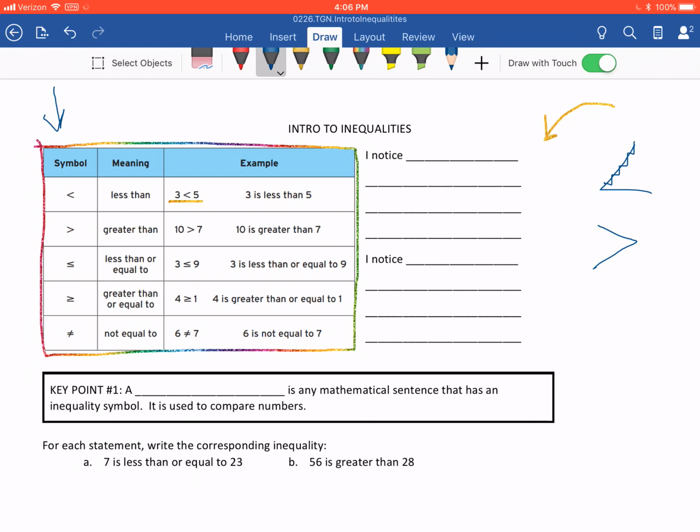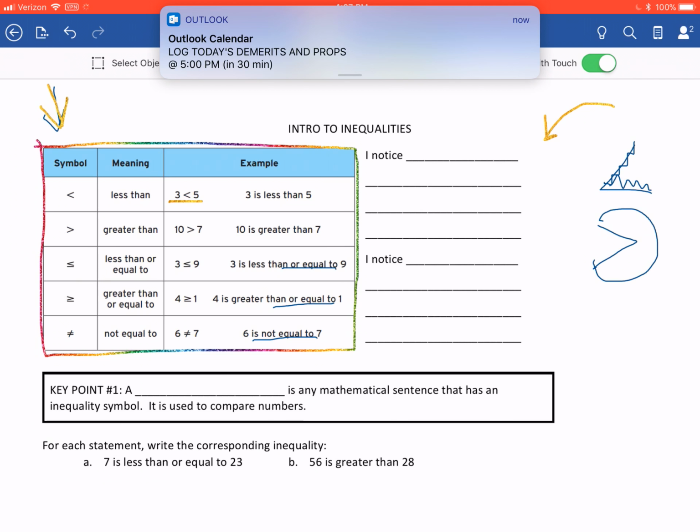This brings us to key point number 1, which reads, an inequality is any mathematical sentence that has an inequality symbol. It is used to compare numbers. So I already let you know that this column right here, all these symbols are called inequality symbols.